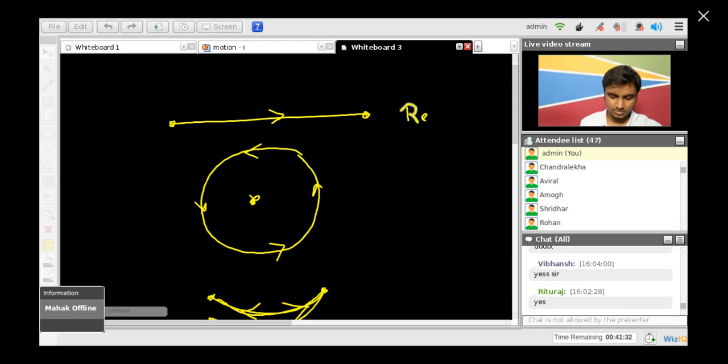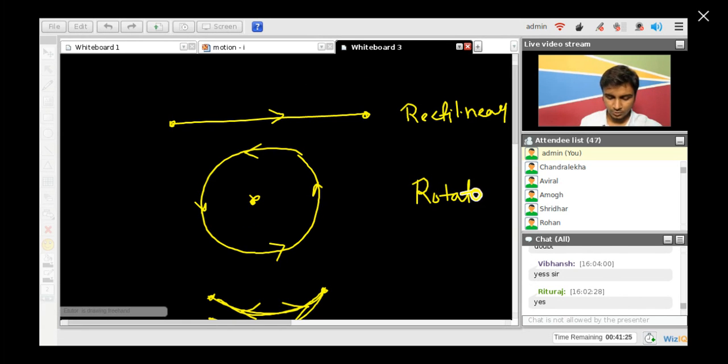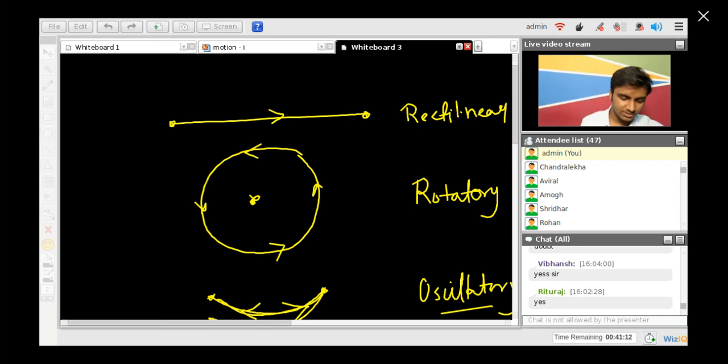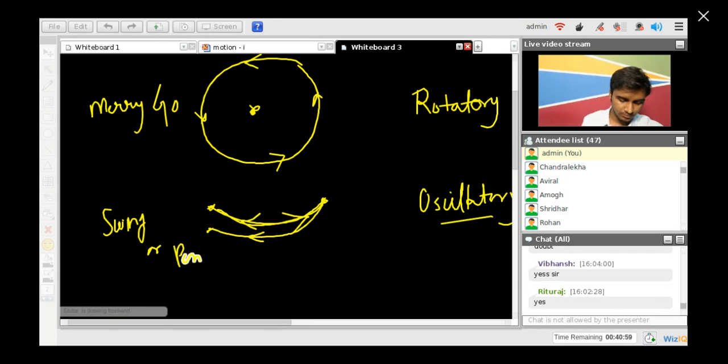Examples are a traffic lane, a merry-go-round, and a swing or pendulum.